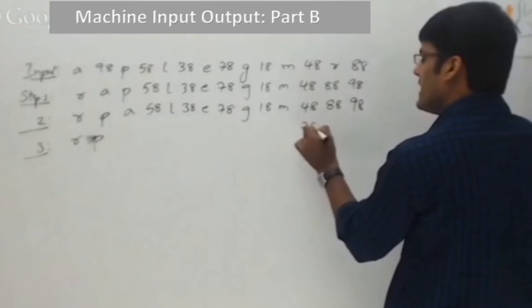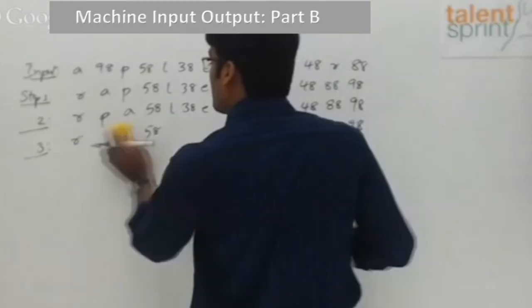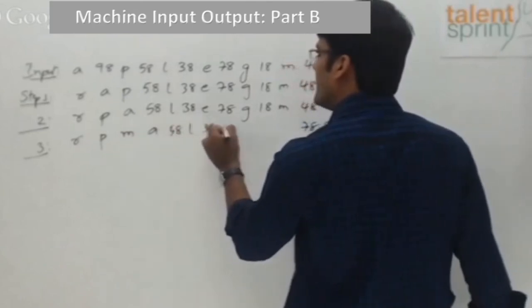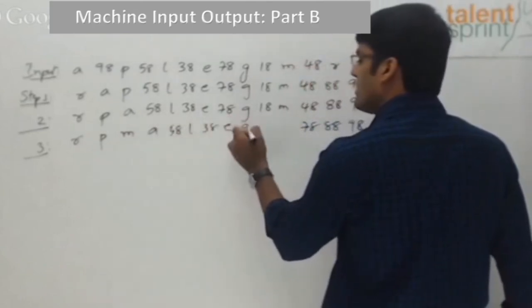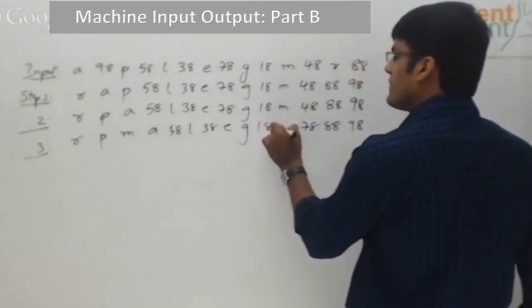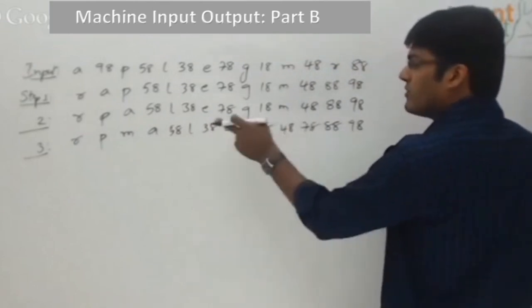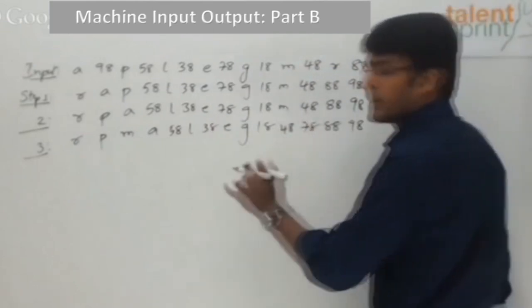R, P, what will come after P? A, L, E, G, M. I think it should be M, right? Then copy the remaining things. So A 58, L 38, E 78 has gone, G 18, 48. Understand? M has been moved there. So copy 48. Don't copy M, right?